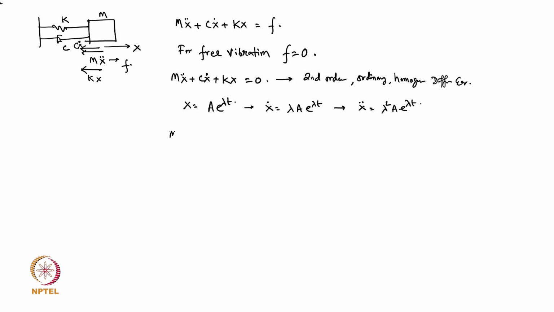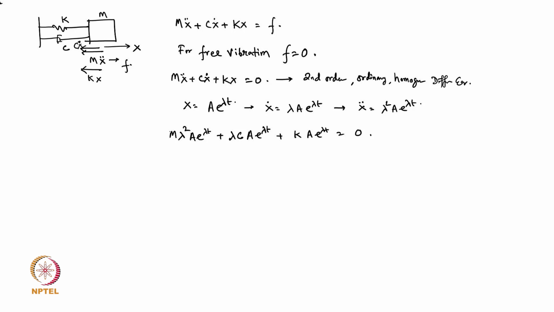So suppose I substitute: m lambda square a e to the power of lambda t plus lambda c a e to the power of lambda t plus k a e to the power of lambda t, that should be equal to 0.